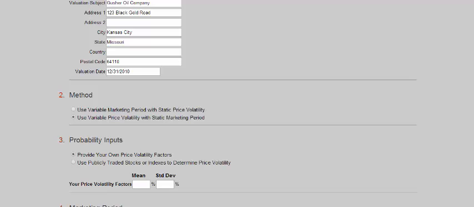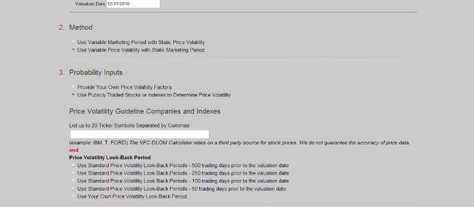Choosing the second radio button allows users to enter the ticker symbols of publicly traded stocks and stock indices to use as guidelines for price volatility assumptions. Selection of appropriate guidelines requires professional judgment.